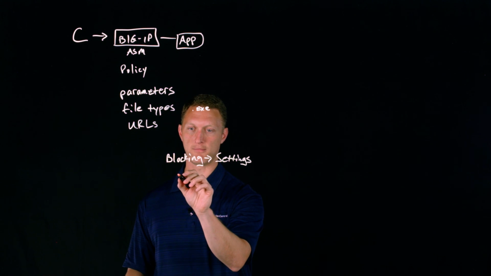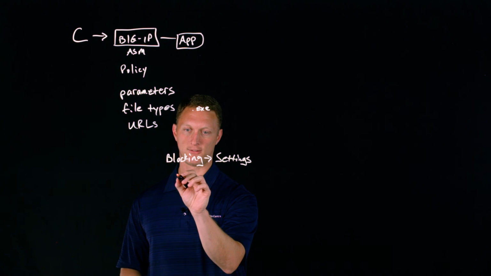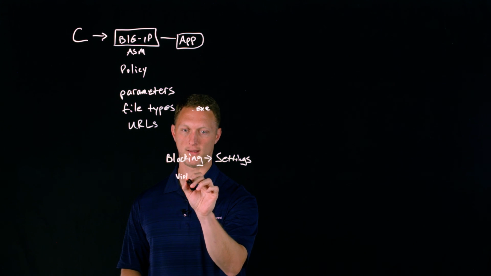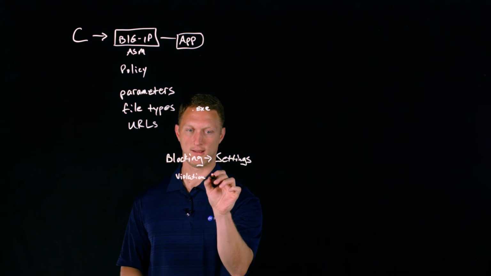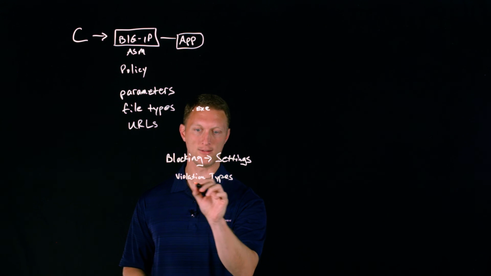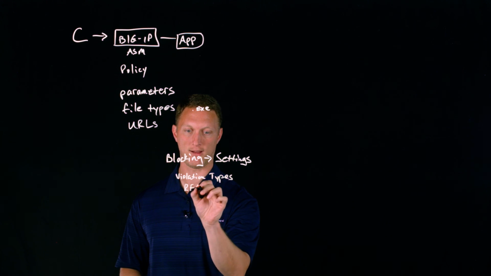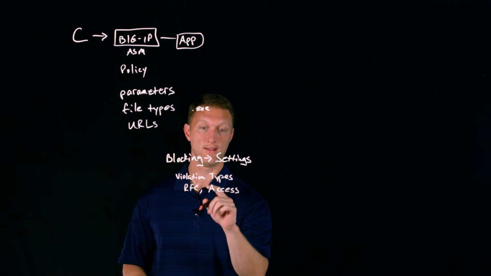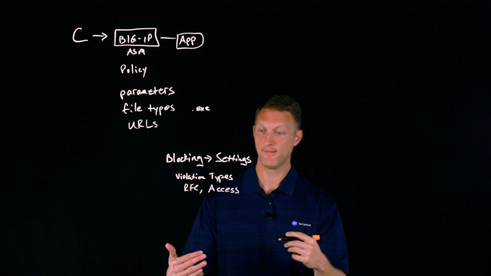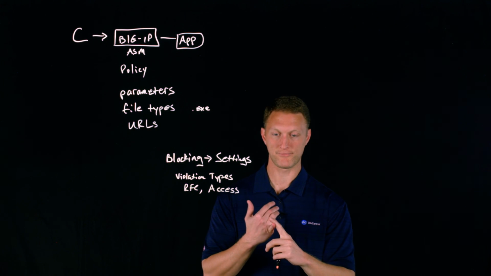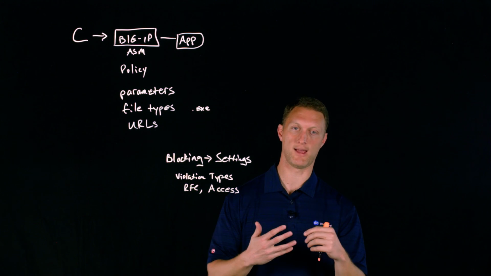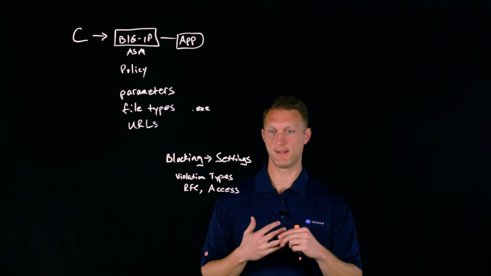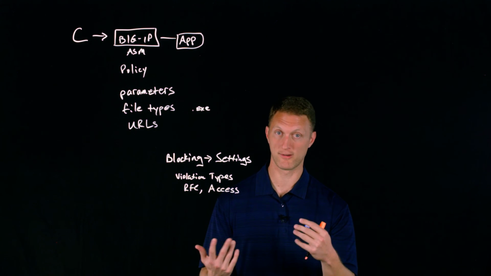There are different violation types, and these could include things like RFC violations, or different access violations that say things like that was an illegal file type, or maybe an illegal HTTP response code, for example.